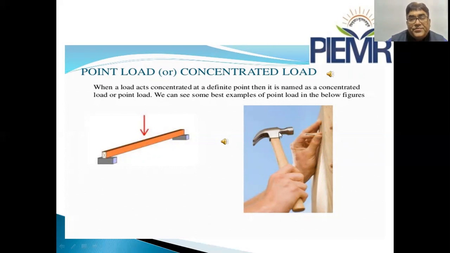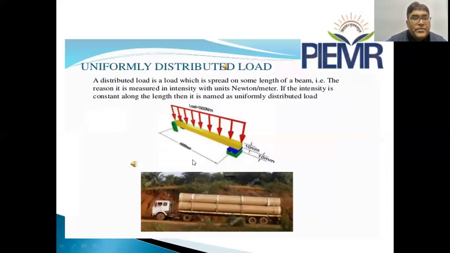You can see that here a nail is being inserted into the wall or cardboard with the help of a hammer, and this is a type of point load or concentrated load.